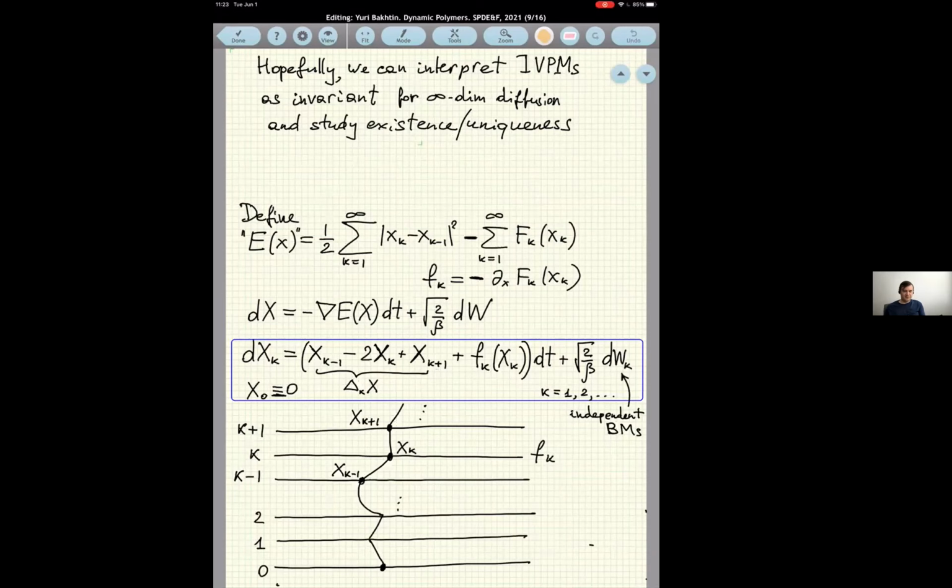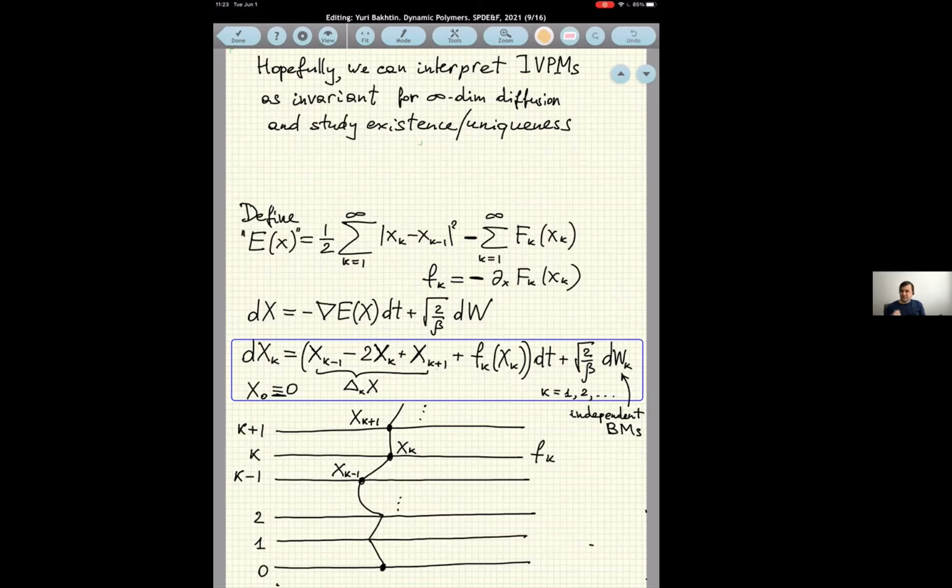Still we can define this energy, but only formally, because it's really infinite on an infinite path. But if you perturb only a finite portion of the path, then the energy is perturbed by a finite number.